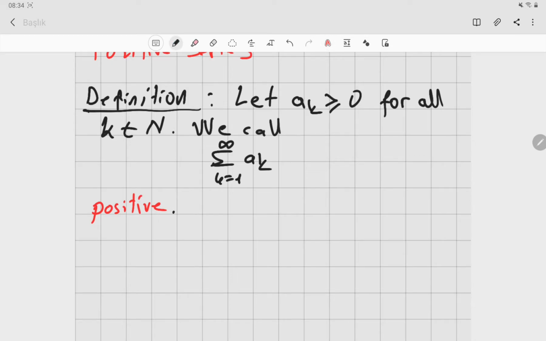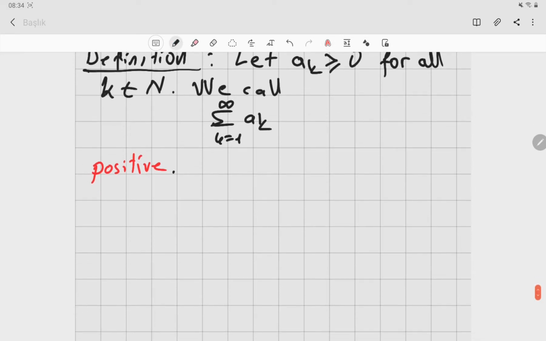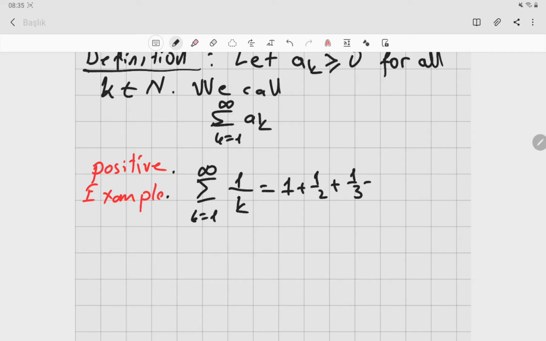Okay. Immediately an example. For instance, you know already this series 1 over k, a series whose general term is 1 over k, equals 1 plus 1 over 2 and so on.